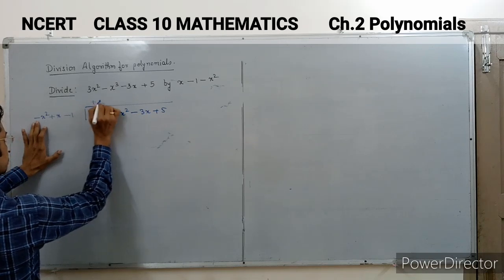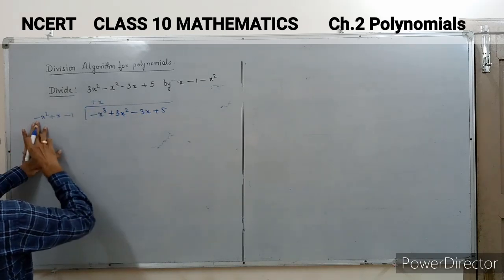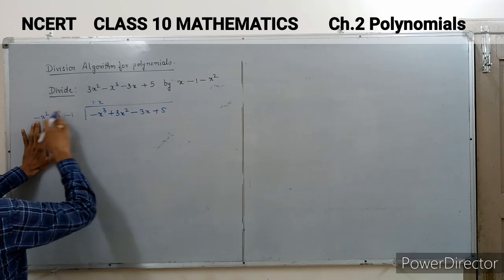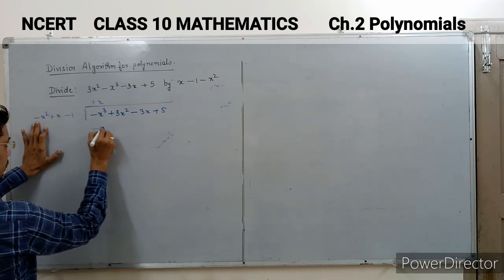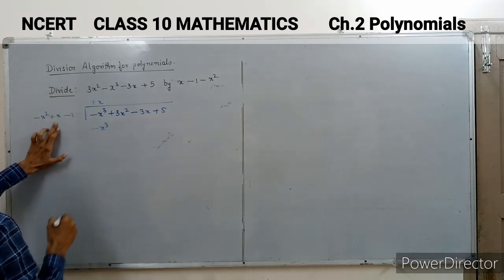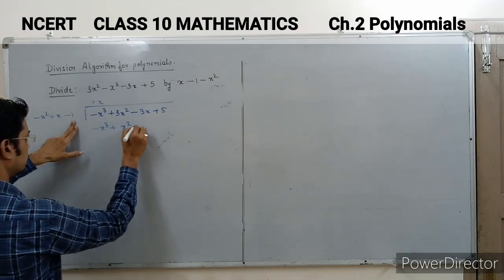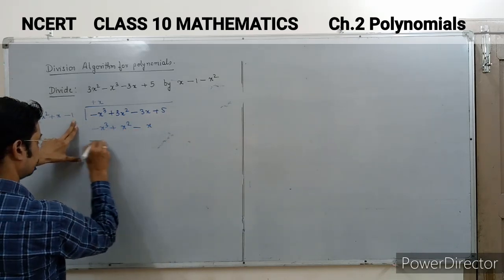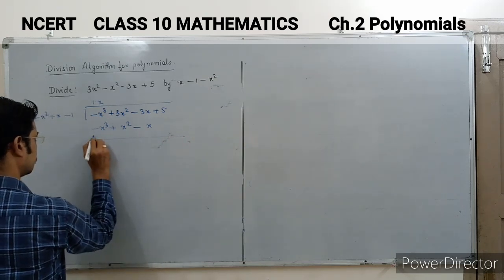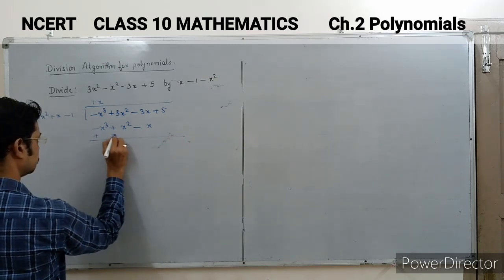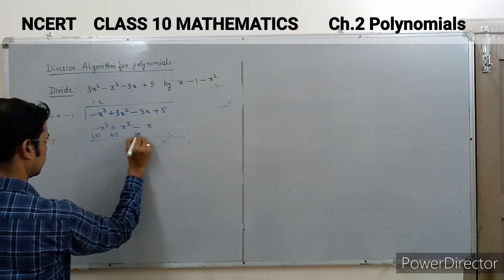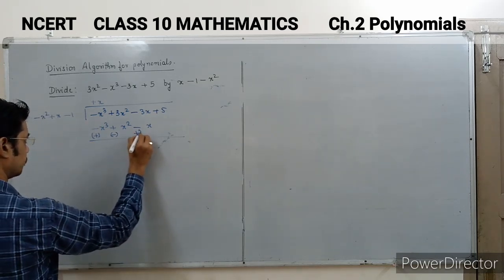So we have plus x, minus x square into x will give you minus x raised to 3. And then we have plus x square minus x. Change the signs. When we change the sign, this becomes plus, this becomes minus. Here we have plus, positive.